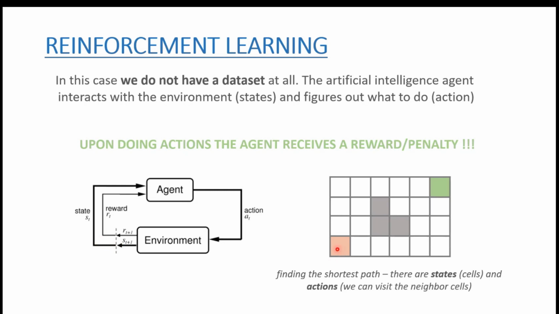So he's moving from this cell to another cell. So cell or state. That's called state. So two things are happening in the environment. One is it's moving from one state to another state, and while it's moving, it may get reward or penalty based on the environment. So that's all about reinforcement learning.